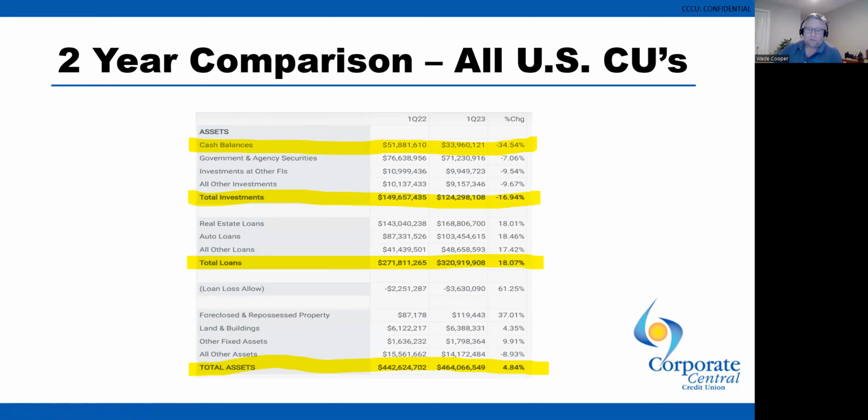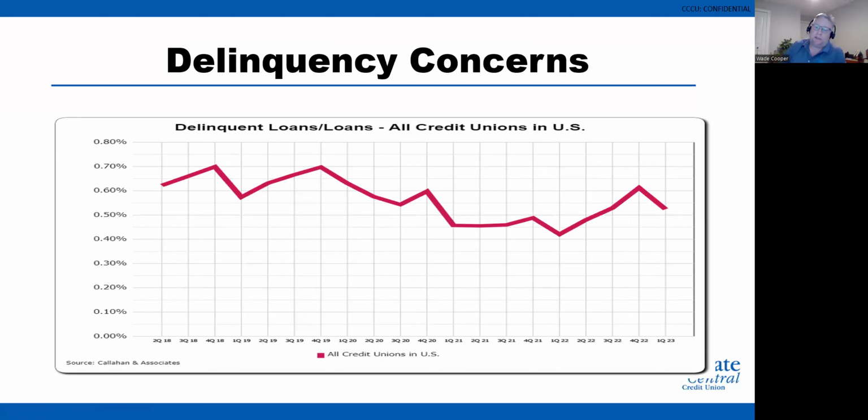So, when I was a regulator and a credit union would have delinquency issues, from a management perspective, it was usually one of two things. It was either an underwriting problem or a collections problem. And the third one would be kind of outside of what a credit union can control.